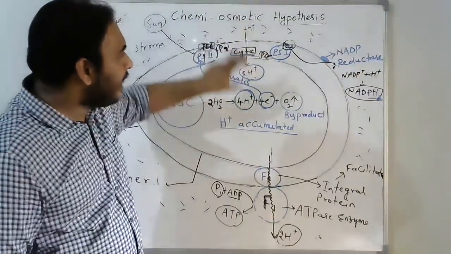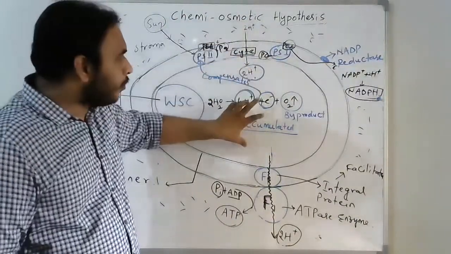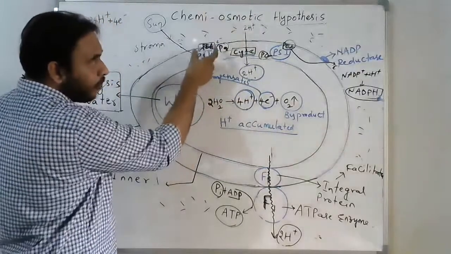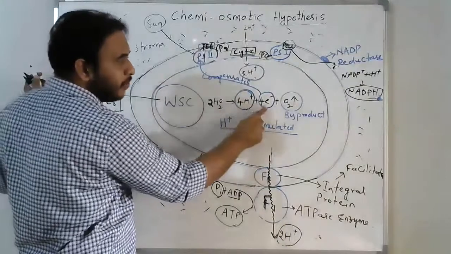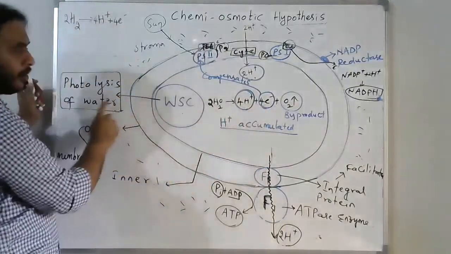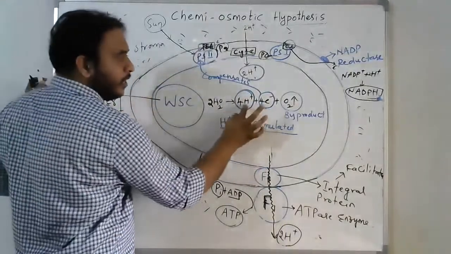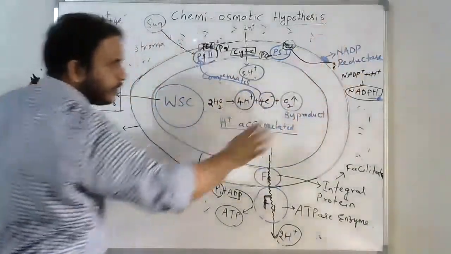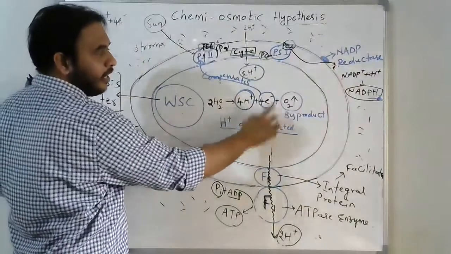Again, electrons will be lost here, and that electron loss will be compensated by the photolysis of water. Electrons are added to the photosystem. Oxygen is a byproduct, and protons are left here.